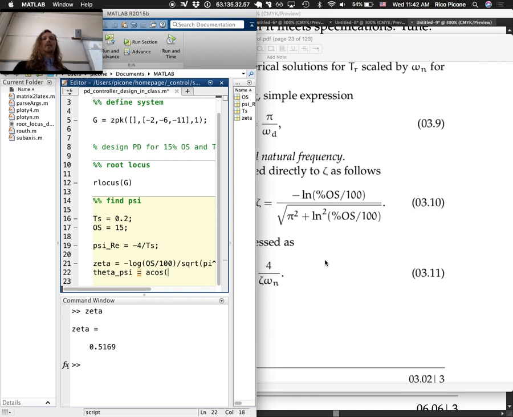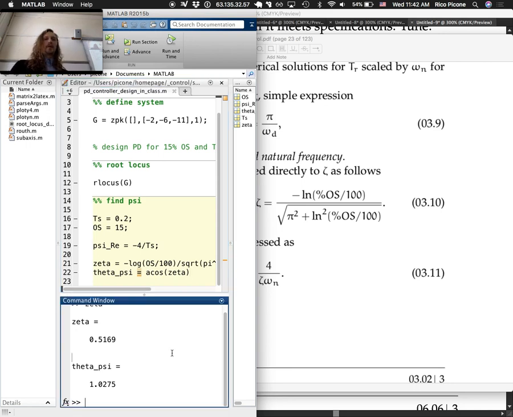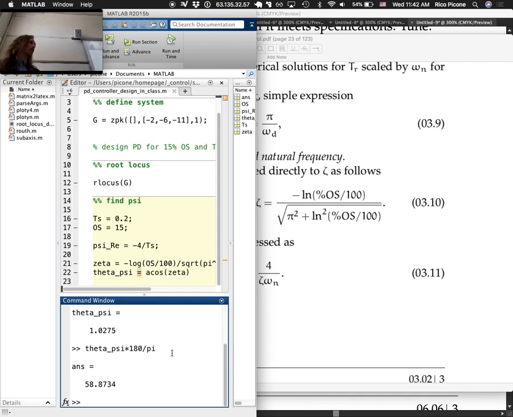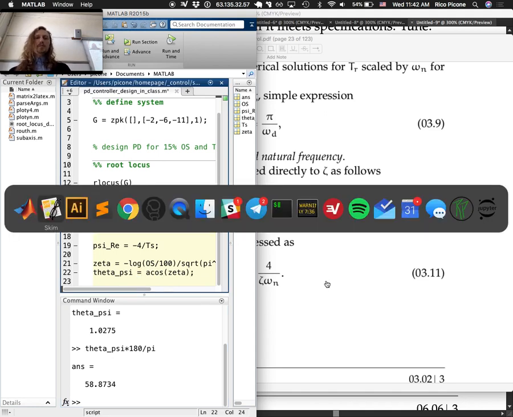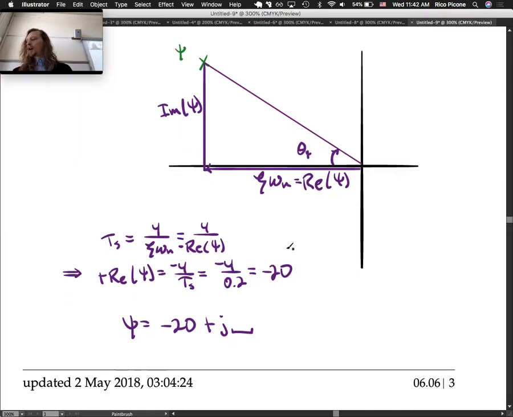It's a cos of zeta. And let's compute that. If we did theta psi times 180 over pi, we get about 60 degrees, which sounds reasonable. That sounds about what that angle should be. So there's our angle. And now comes some trigonometry.